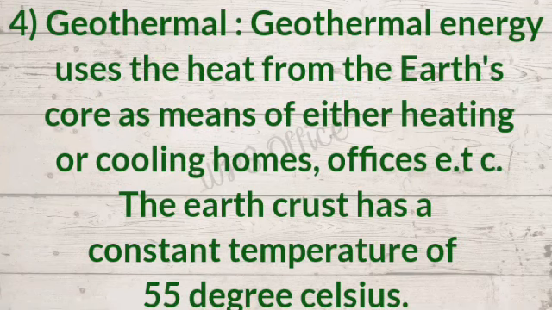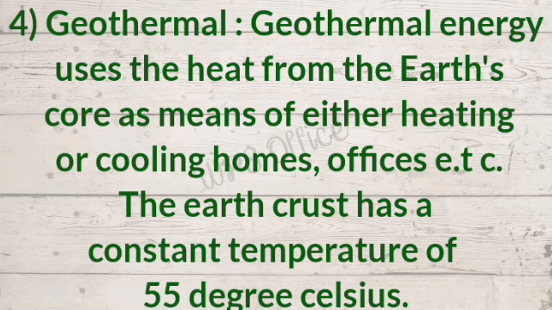Next, geothermal, which is the fourth source of electricity. Geothermal energy uses the heat from the earth core as a means of either heating or cooling homes, offices, and so on.